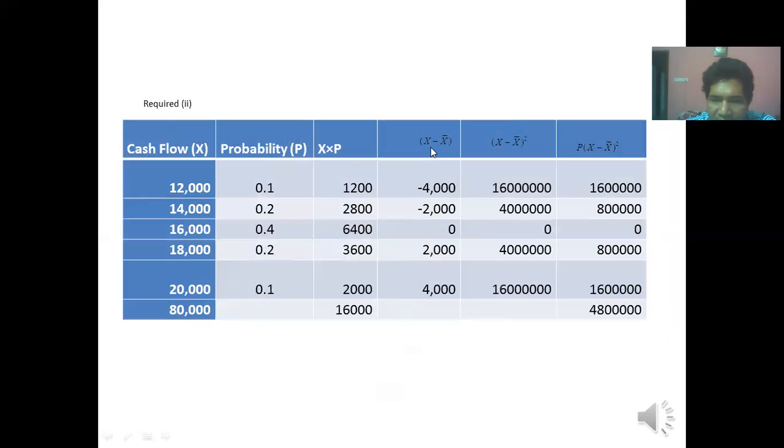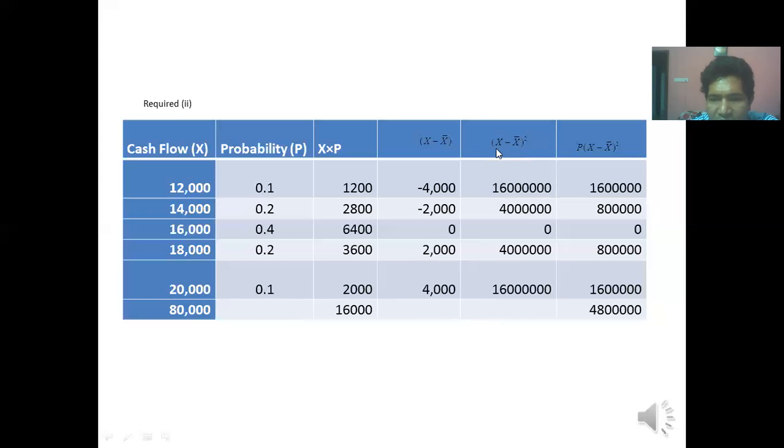So now x minus x bar: x is 12,000 and x bar is 16,000, so minus 4,000. 14,000 minus 16,000 equals minus 2,000. 16,000 minus 16,000 equals 0. Here x bar, or mean, equals 16,000, and 18,000 minus 16,000 equals 2,000. 20,000 minus 16,000 equals 4,000.